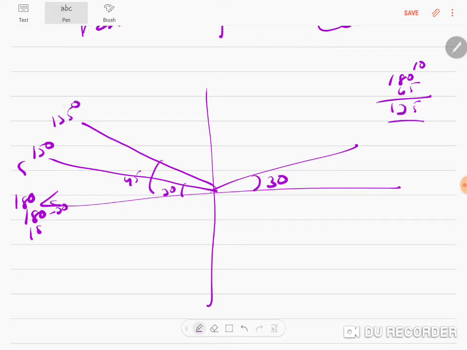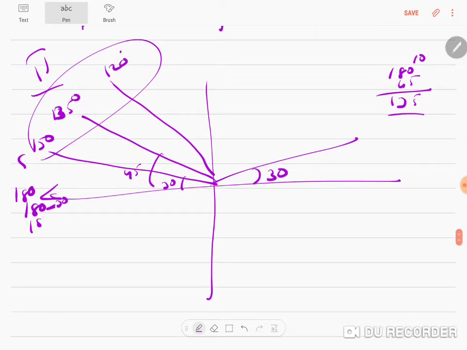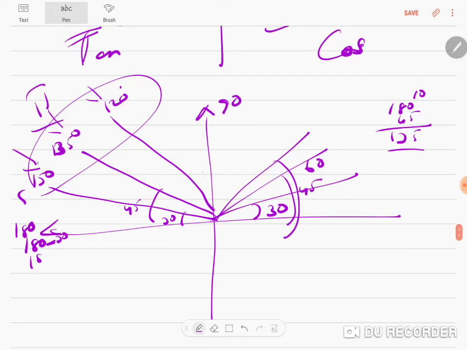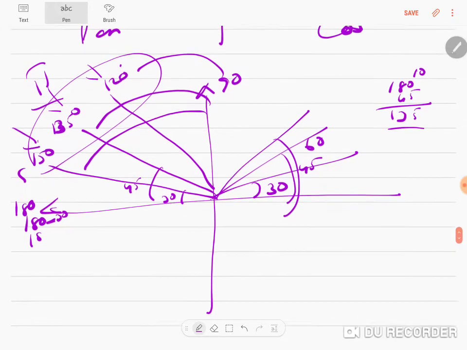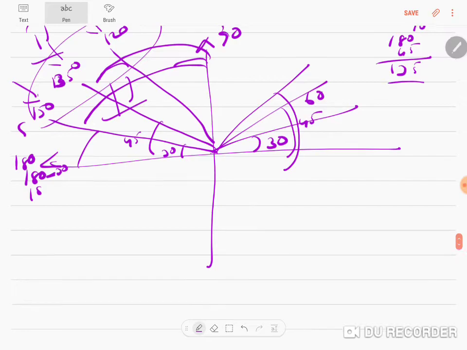So 135°, and 180 minus 60, which is 120°. So these are all examples of second quadrant angles. How am I finding them? I am subtracting this 30°, 45° or 60° from 180 to find the angles in the second quadrant. I could have also done it as 90 plus. A 120° is 90 plus 30. A 90 plus 45 is 135, a 90 plus 60 is 150. So we can jump into the second quadrant by adding to 90 or subtracting from 180.